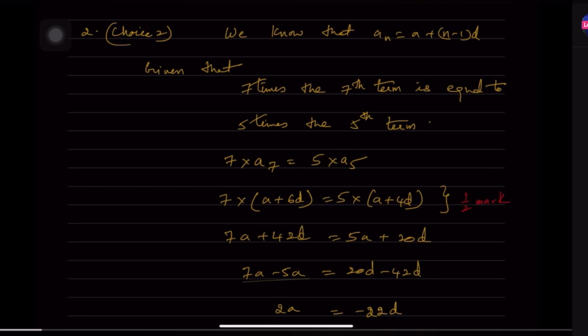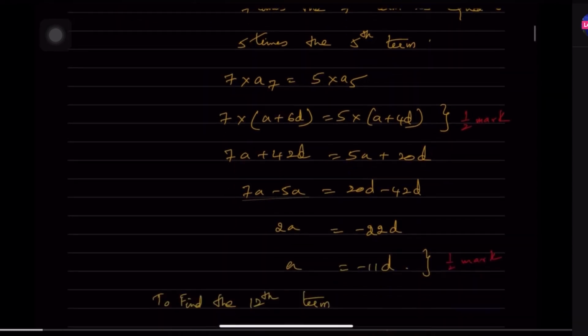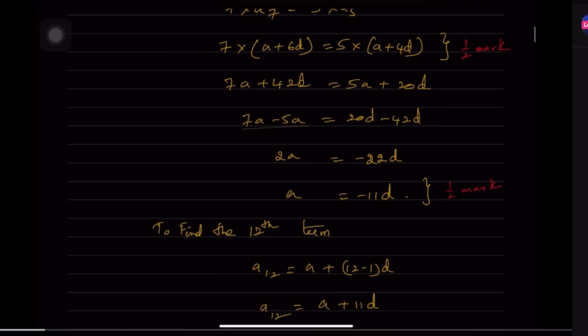So 7a plus 42d, by the distributive law, is equal to 5a plus 20d. Bring all the like terms to one side: 7a minus 5a is equal to 20d minus 42d. So 2a is equal to minus 22d, and a is equal to minus 11d.